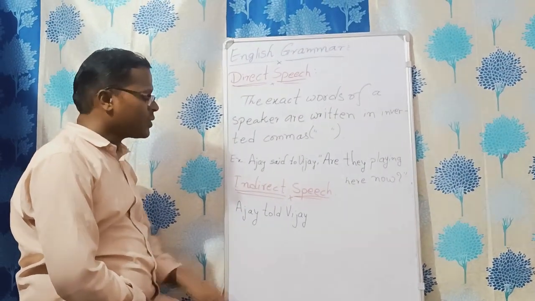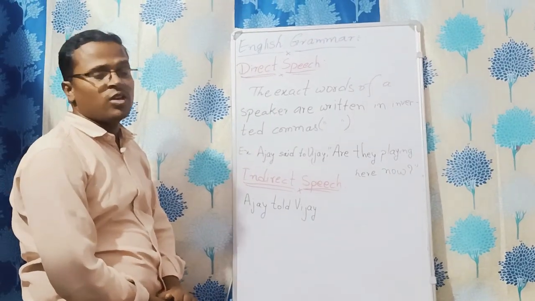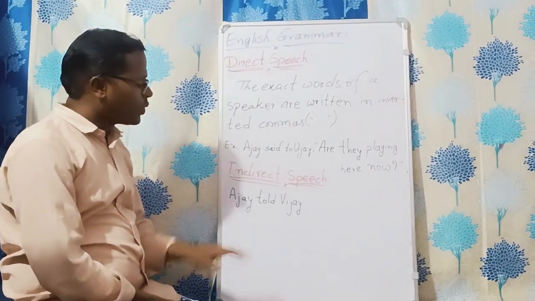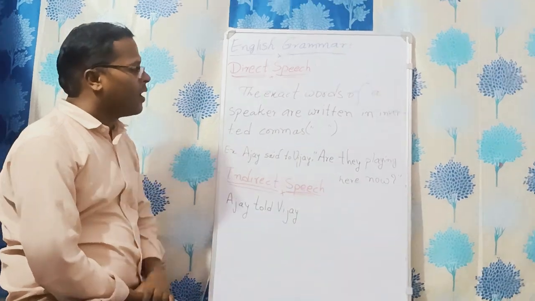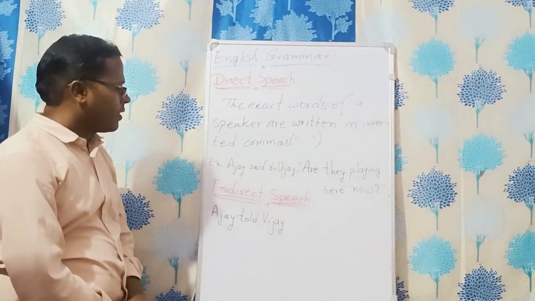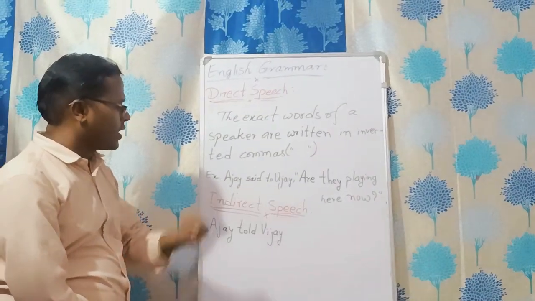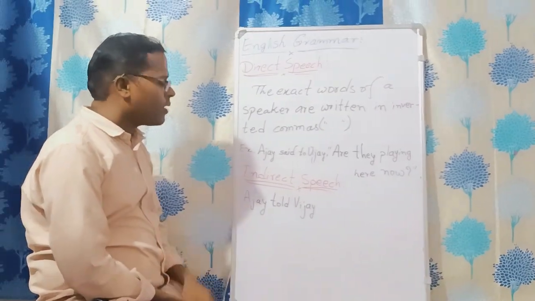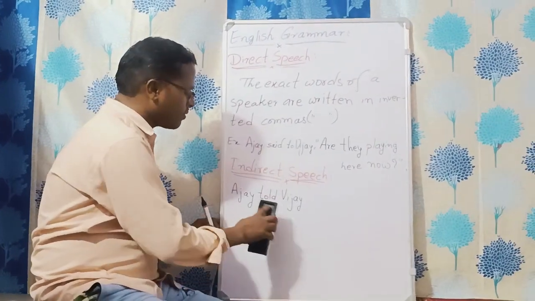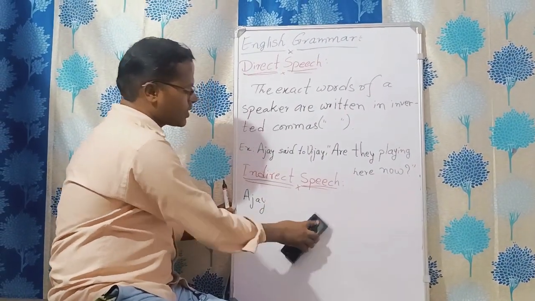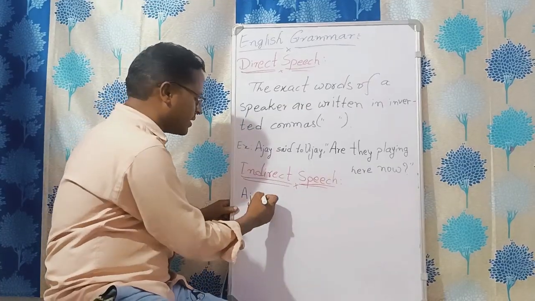You should not use 'that' here while joining the two clauses, the reporting clause and the reported clause. Here, 'Ajay said to Vijay', you should not use 'told'. Here the verb also will change. It is a question, and for questions we have to use 'asked'.